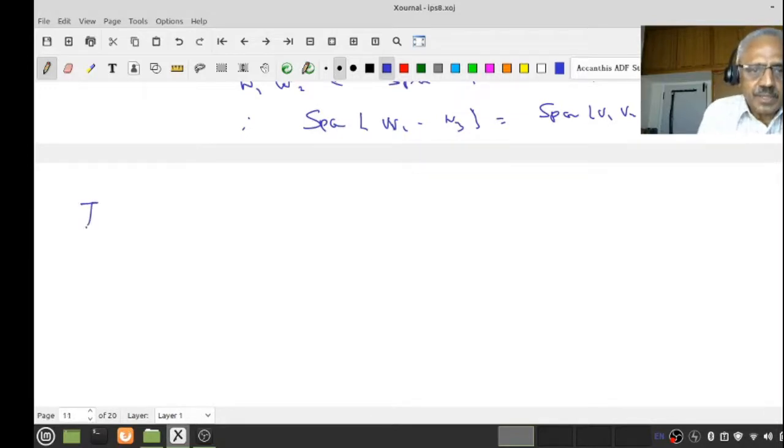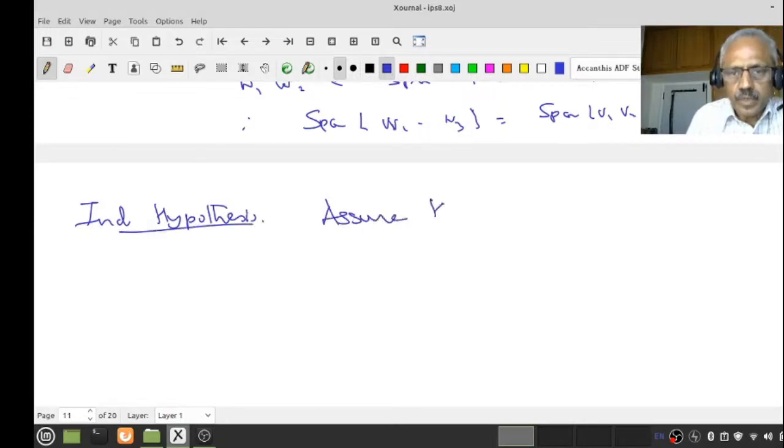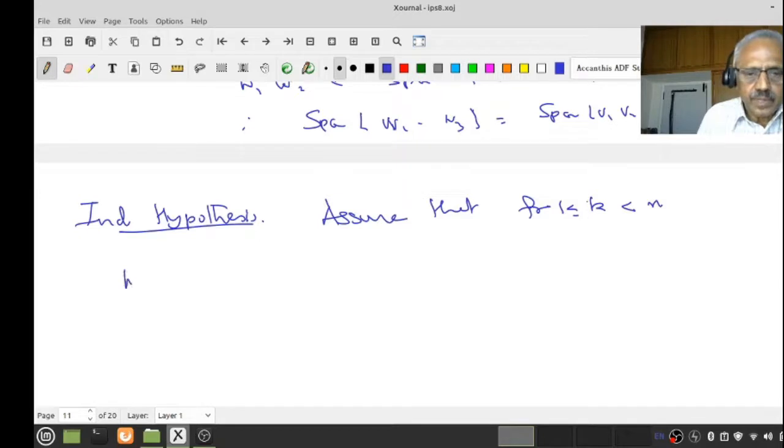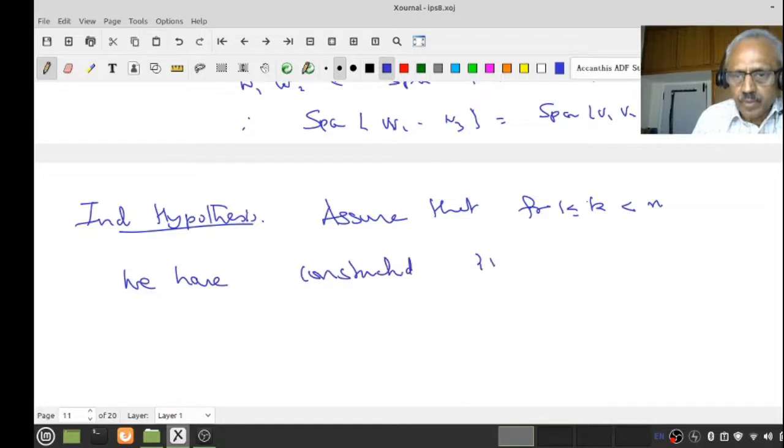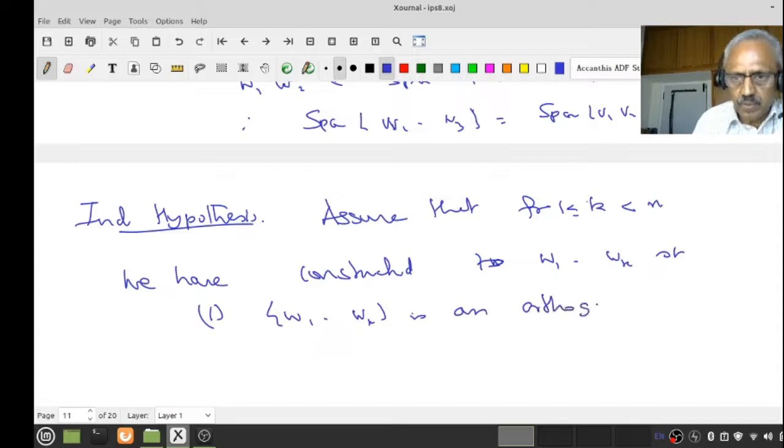Now the induction hypothesis, we will do that. Assume that for k less than n and greater than or equal to 1, we have constructed W1 to Wk such that, first, W1 to Wk is an orthogonal set of non-zero vectors.